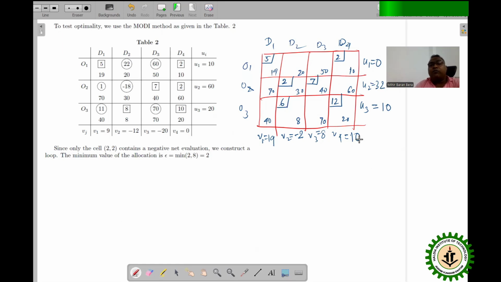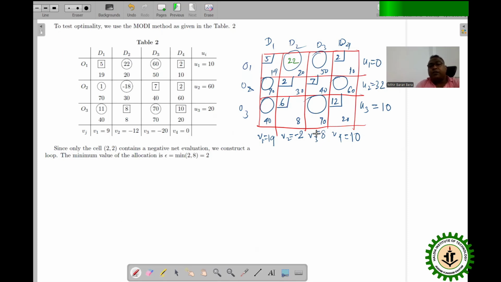Now we are going for the cell evaluation for each non-allocated cell. So what will be these values? We are getting minus 2 plus 0 is minus 2, so 20 plus 2 is 22.